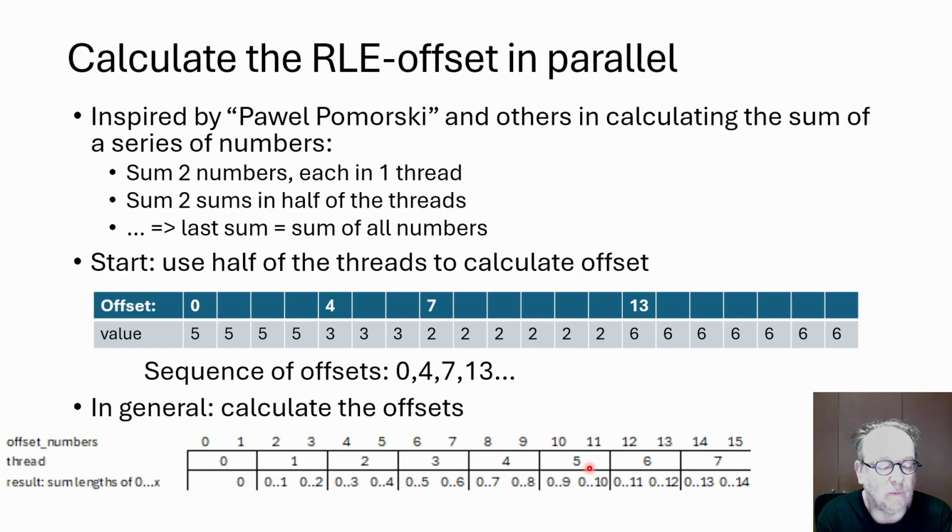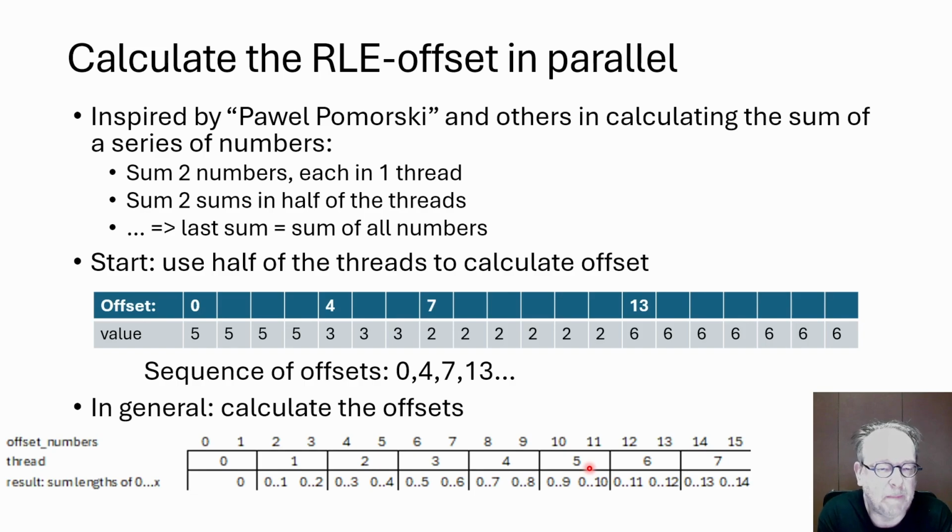And then what you end up with is a new series of values, half the size, and then half of the threads stop working. The other half is adding again 2 of those numbers. Basically, each number is then the sum of 4 values. And you continue until you have only 1 thread left that just needs to add 2 values, and you have the final result.